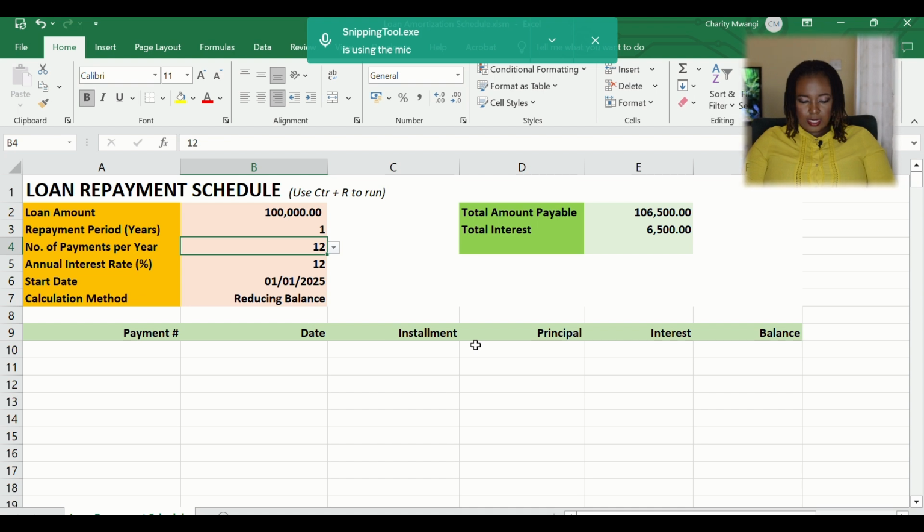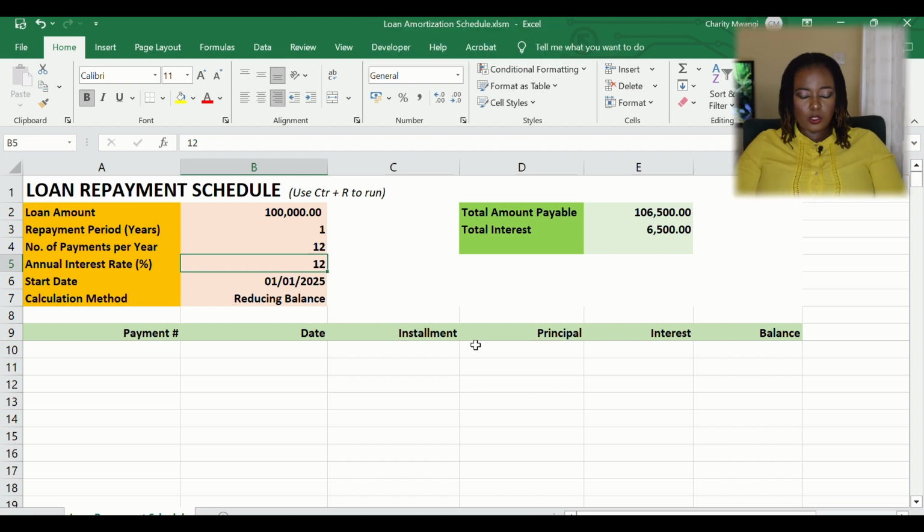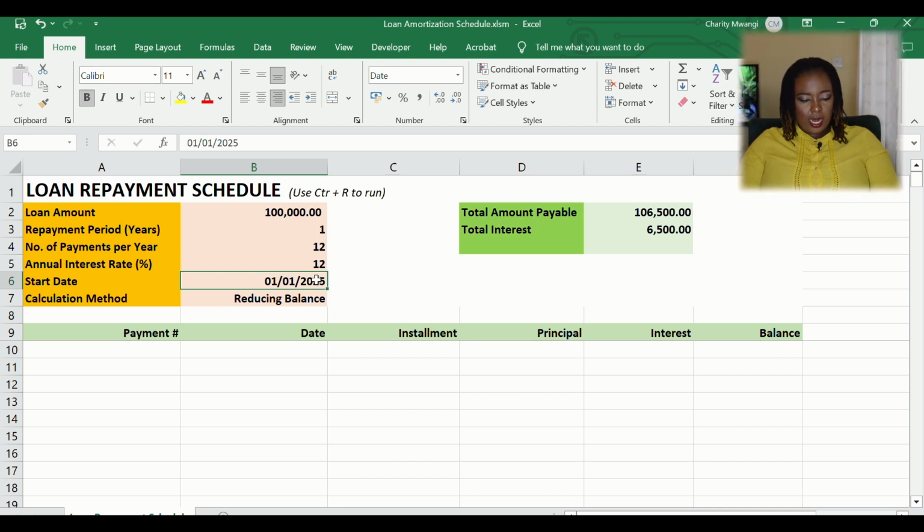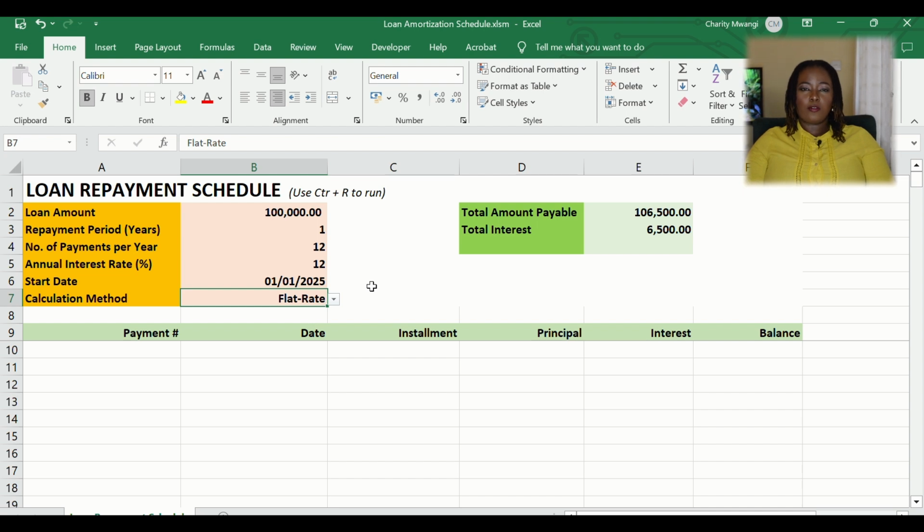Then the interest rate we'll work with 12% for all. And then the start date, you can put any date. Then let's start with the flat rates, and we'll see how the flat rate interest model is calculated.